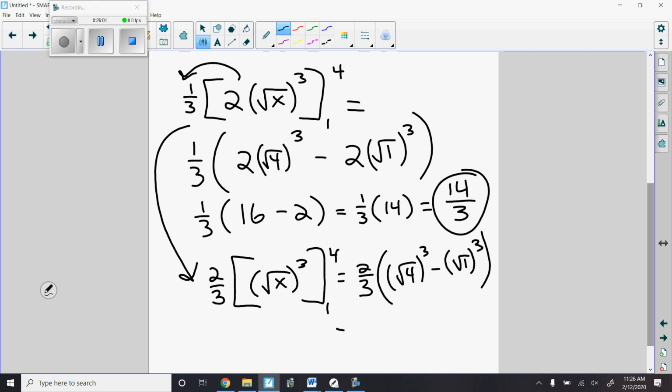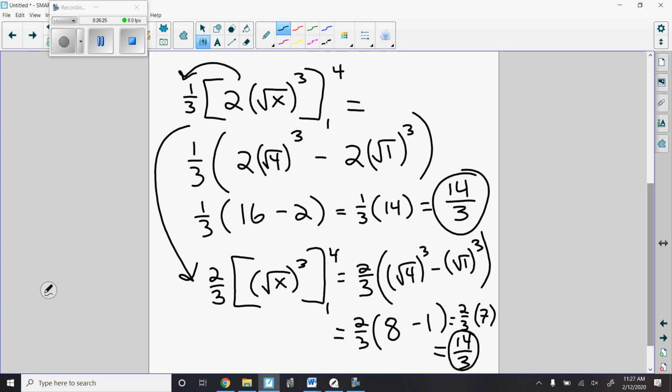Okay, which would give me 2 thirds. Square root of 4 is 2. 2 cubed is 8. Square root of 1 is 1. 1 cubed is 1. 8 minus 1 is 7. And 2 thirds times 7 still gives you that same value of 14 thirds.